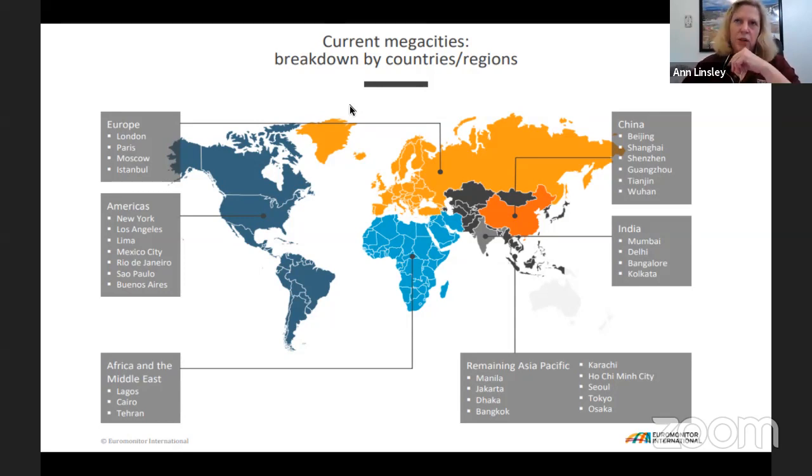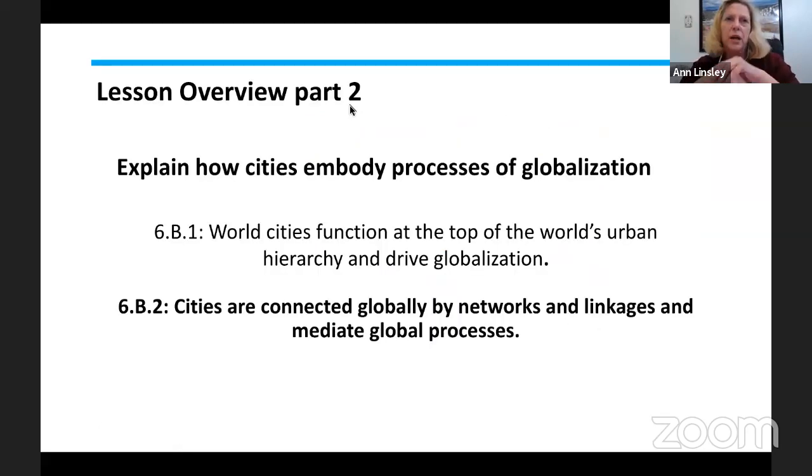Okay, so let's look at part 2 of this topic, 6.3. And in 6B2, we're looking at how cities are connected globally by networks and linkages to create or mediate global processes. Okay, so we look at world cities.